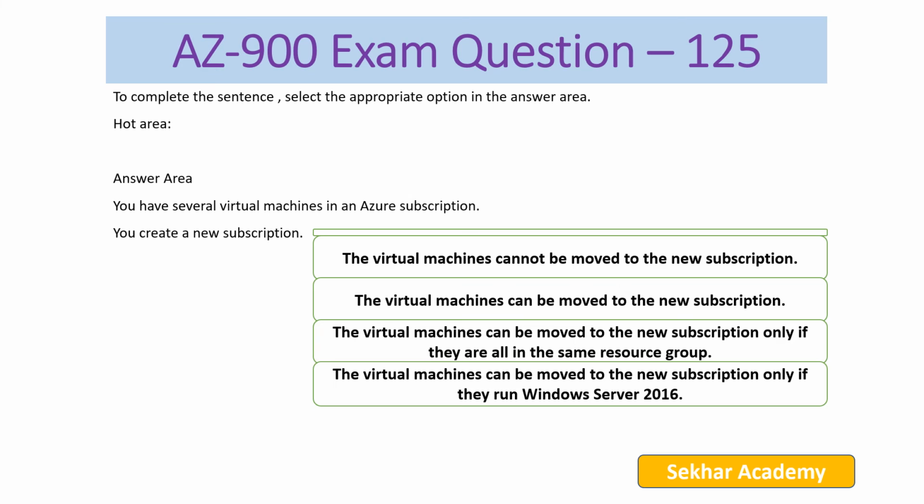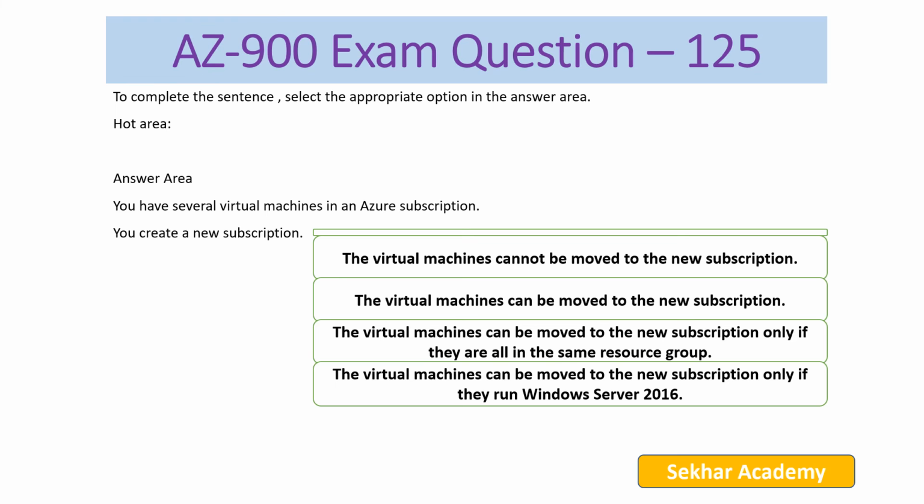AZ-900 exam question number 1 to 5. To complete the sentence, select the appropriate option in the answer area. We have the statement: you have several virtual machines in an Azure subscription and you create a new subscription. So what should you do?